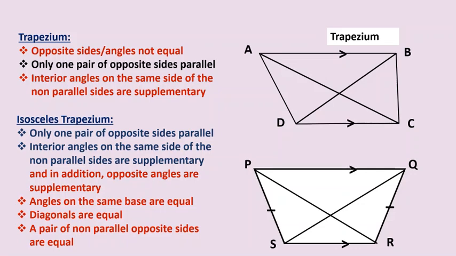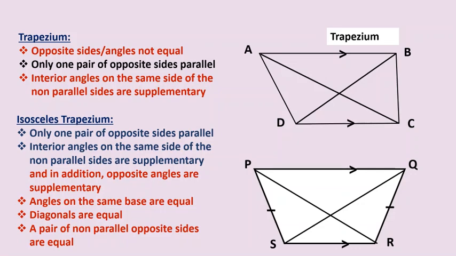And also a pair of non-parallel opposite sides, that is first of all I marked, PS and QR are equal. Then opposite angles are also supplementary. In the sense angle S and angle Q together are 180 degrees.